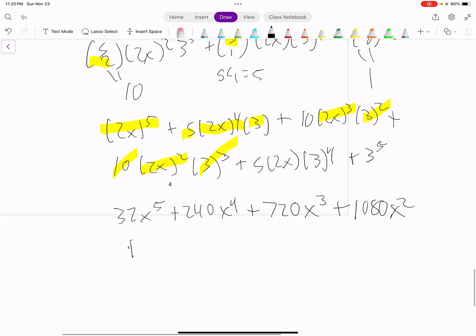And then plus, next one is 81 times 10, which is 810x. And then the last one is 3 to the fifth, which is 243, if I remember right. Let's see. Yep, it is 243, and that'll be my answer.